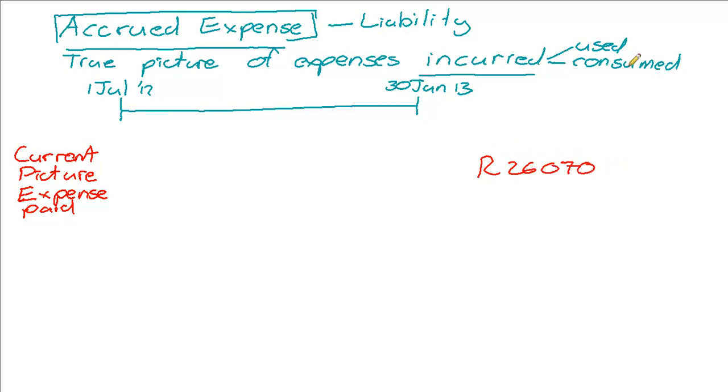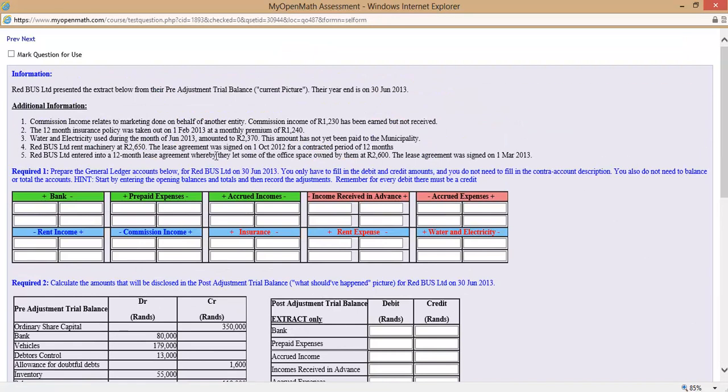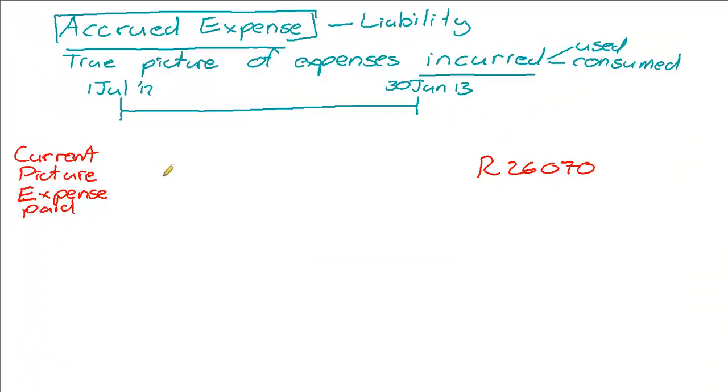For how many months did we actually pay this? We're not sure, but we know that we have not yet paid for the last month, June 2013. So in all likelihood, we have used the water and electricity for all 11 months except this last month of June 2013.